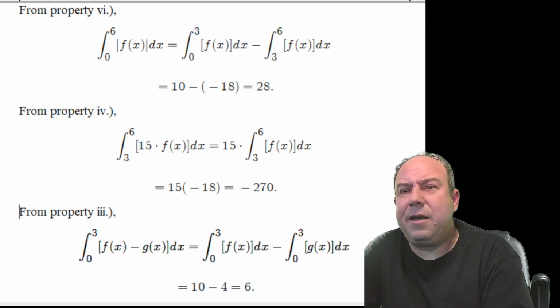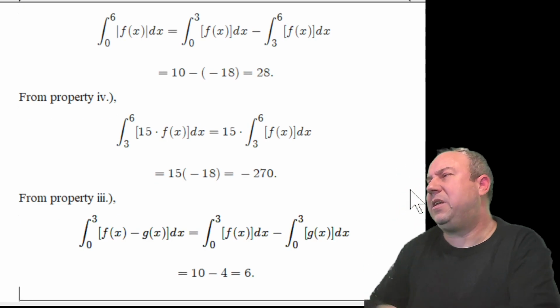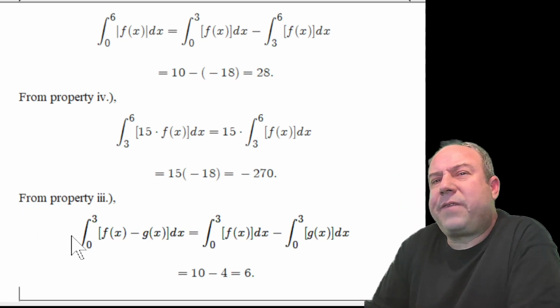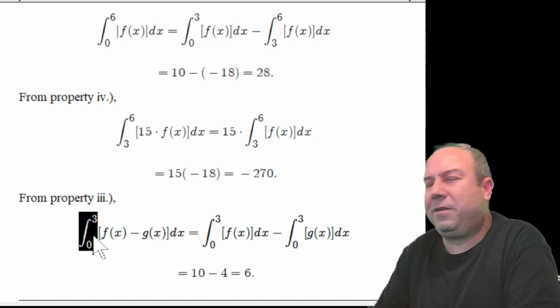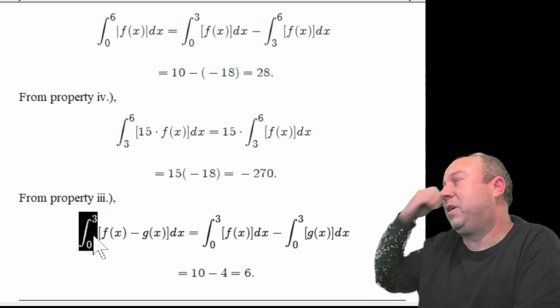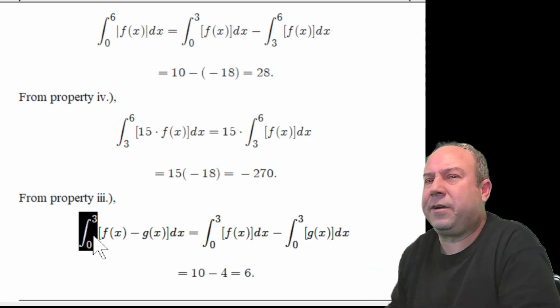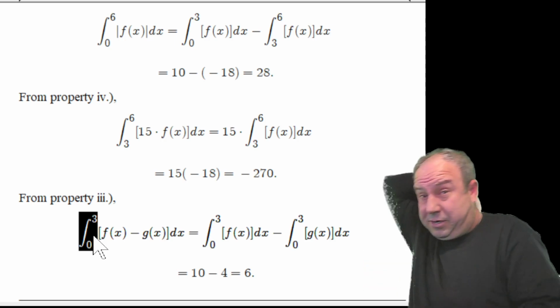Now I go back to property 3, the sum and difference rule. It says if I want to find the antiderivative, or careful there, the definite integral, I'm going to say antiderivative every now and again because they're all related, as we're going to find in the very next section.